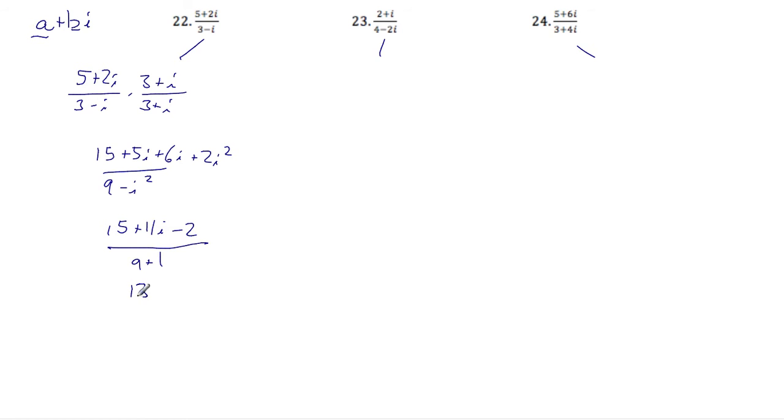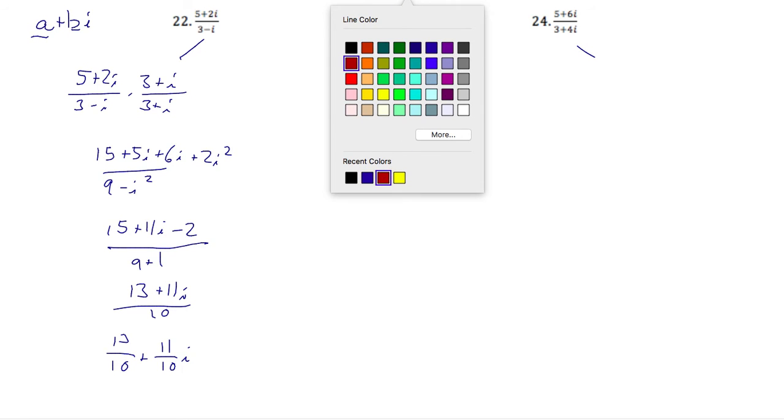This is the same thing as 13 plus 11i over 10. So we get 13 over 10, that's our a value, plus 11 over 10 i. That's our b value. And that's it.